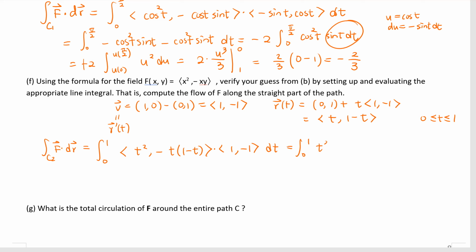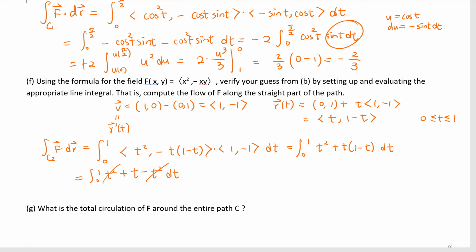Then we have t squared, minus becomes plus, t times 1 minus t dt. Let's distribute it.